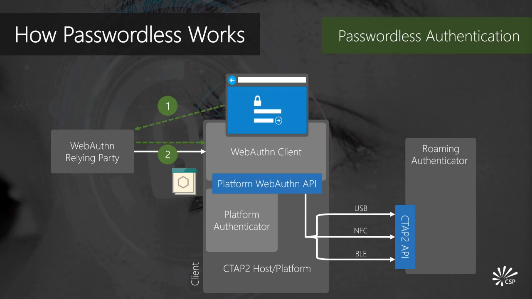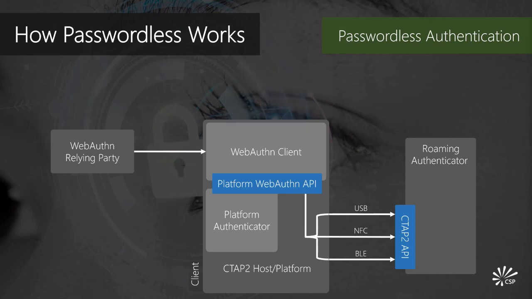The relying party, Azure AD, is going to send a nonce and some other details, but the main thing is the nonce gets sent back to the WebAuthn client or the browser. The WebAuthn client detects the presence of an authenticator, in this case again our FIDO2 security key. The authenticator finds a credential that matches the relying party.